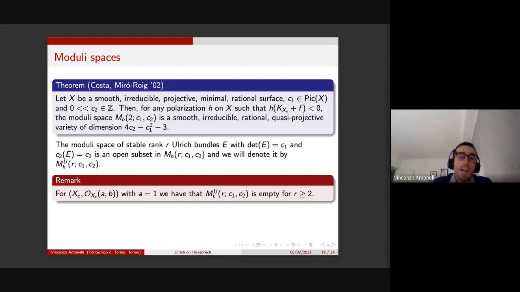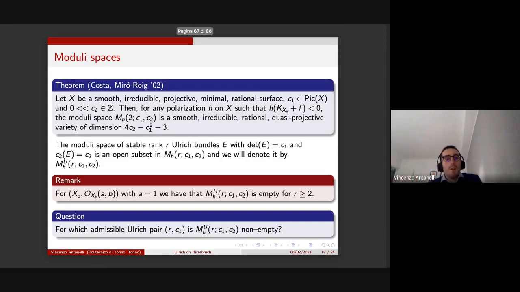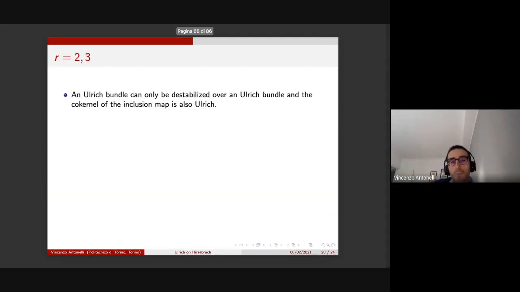So it means that you only have strictly semi-stable Ulrich bundles, which are extensions of the Ulrich line bundles. So now the question is, for which admissible Ulrich pair is the space of stable Ulrich bundles non-empty? Can we say something? Well, actually, we can say there are some, let's say, easy cases.